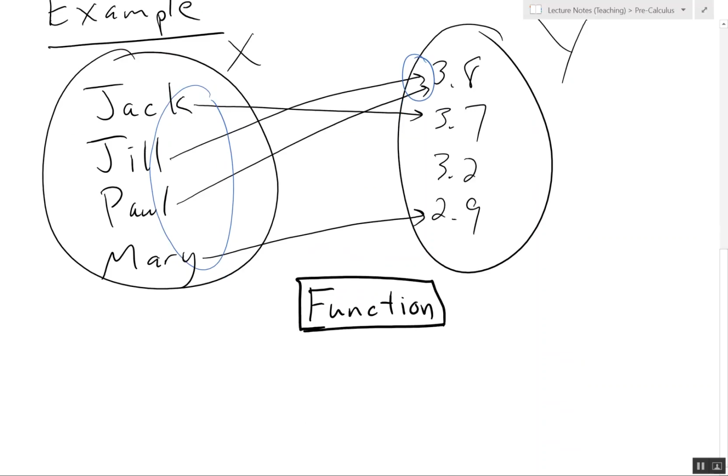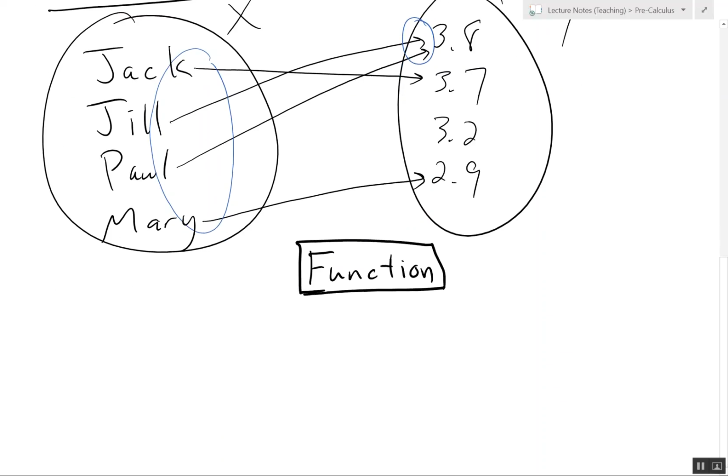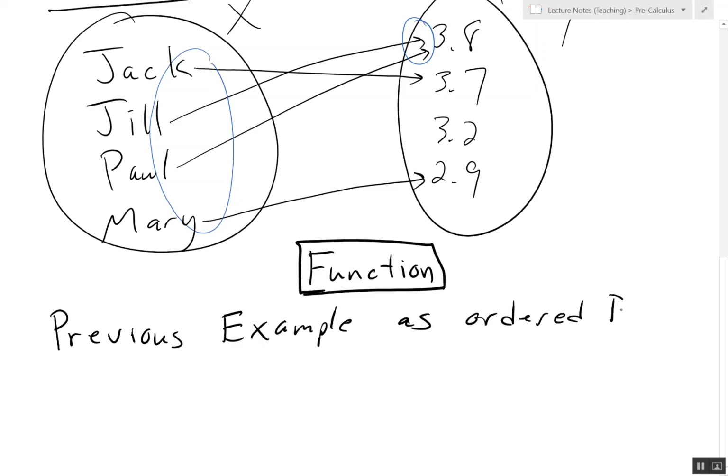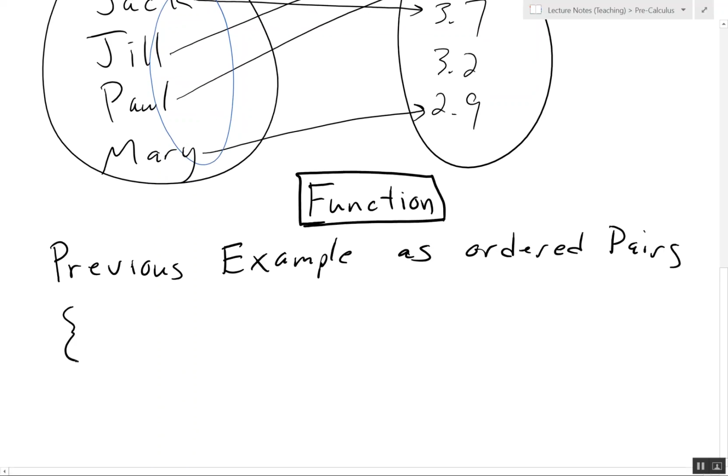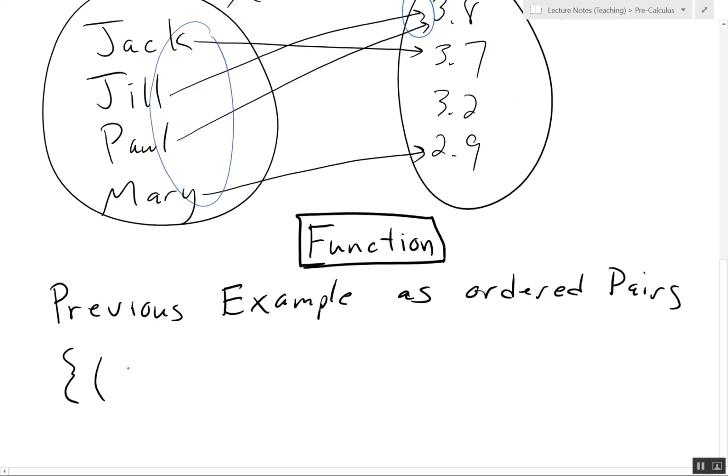So now we want to turn this into ordered pairs. So let's look at this previous example as ordered pairs. In this example, again, we're going to use a little curly bracket since we're going to do a list of ordered pairs. So in our first ordered pair, well, Jack had a 3.7. So Jack is the first element, so that comes from the domain.